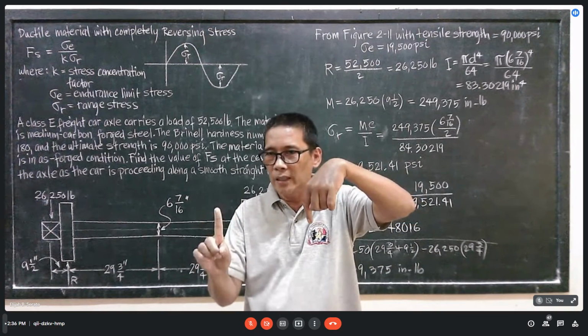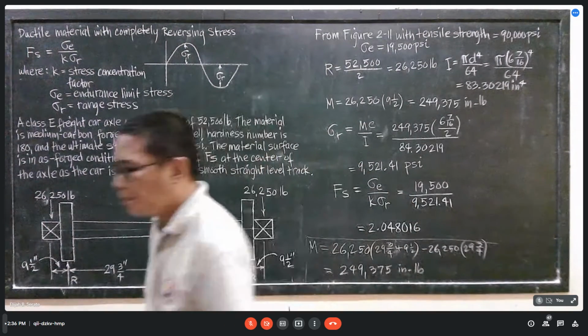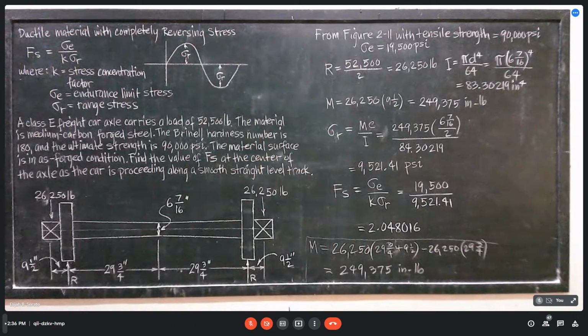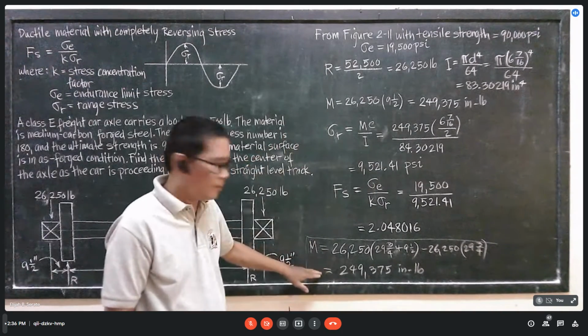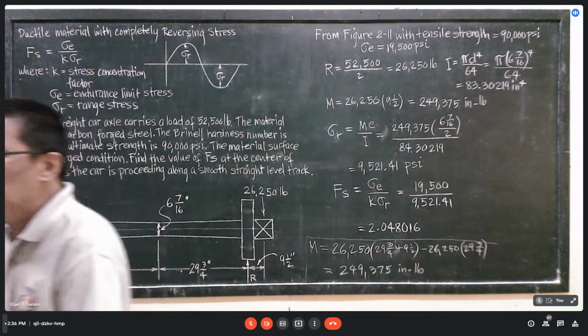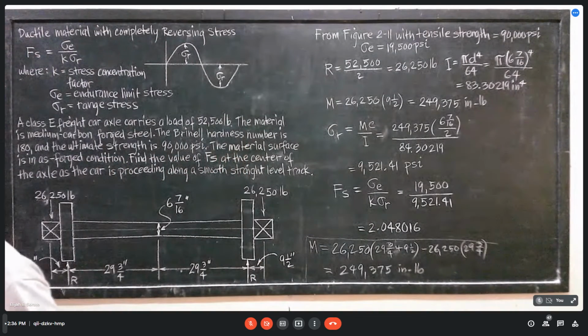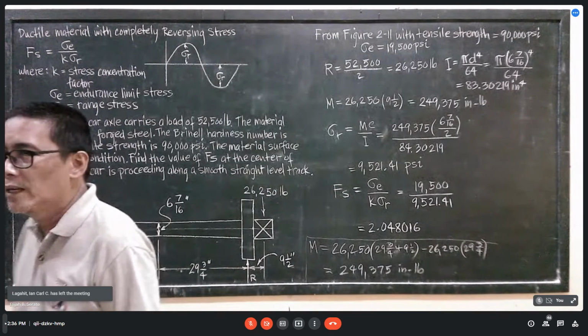So the force times its distance. So I'm just leaving it here. This is how you do it, because in certain cases the forces are not equal, so it is not a couple.